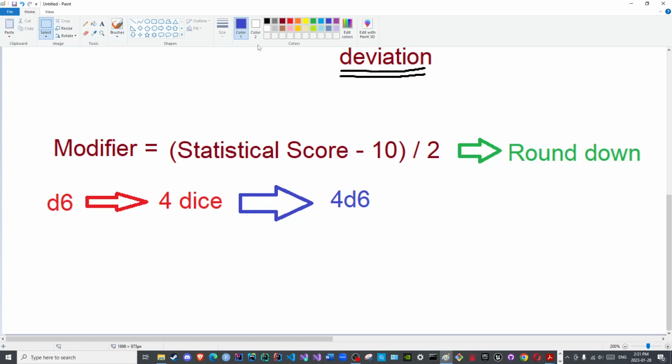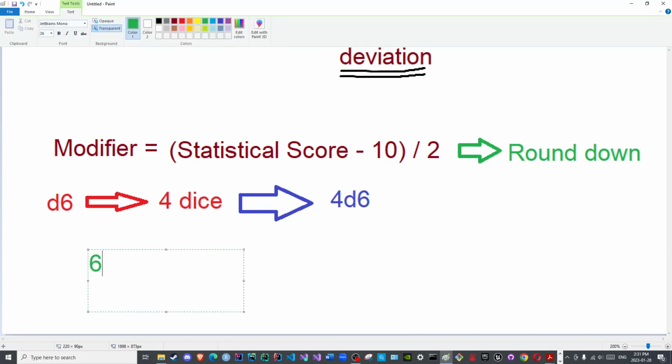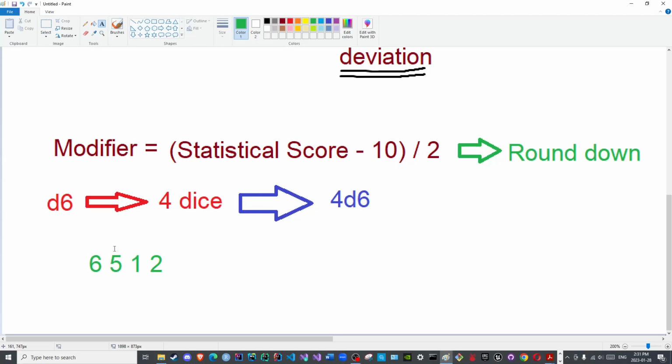So let us give an example and say these are the numbers that you see. One of them was a 6, the other was a 5, a 1, and lastly a 2. So you have 4 numbers.